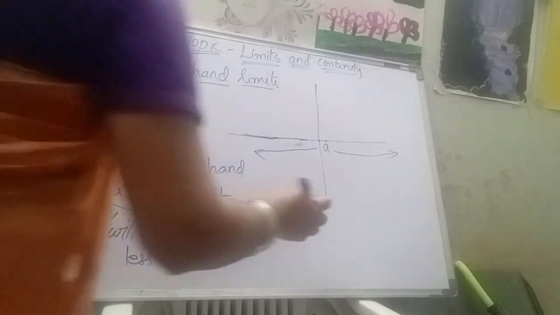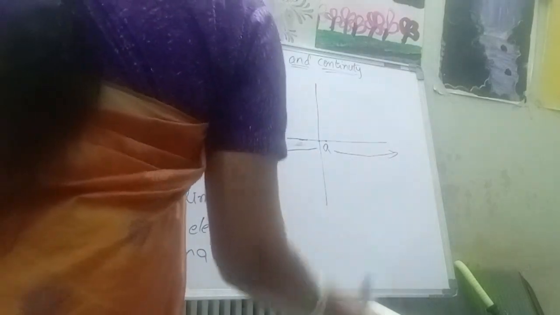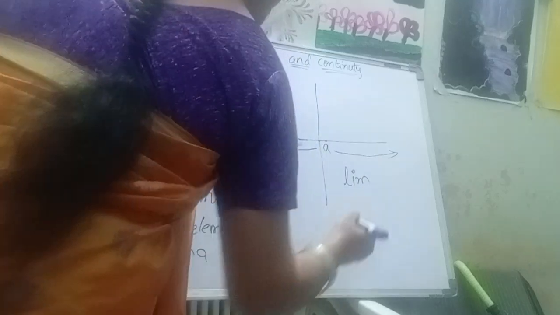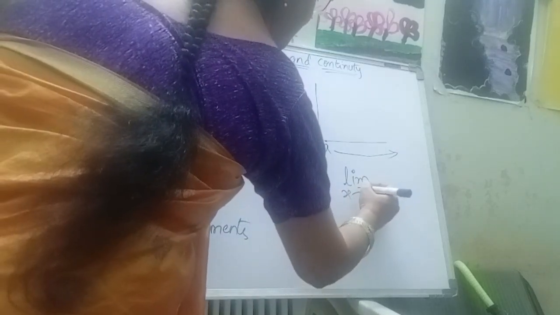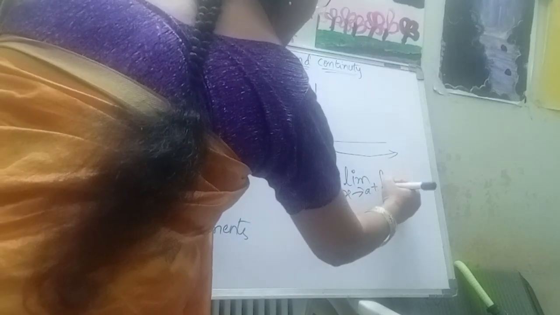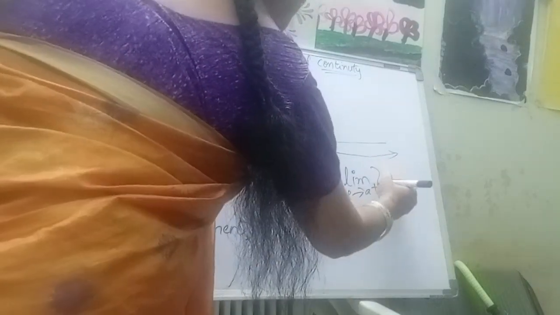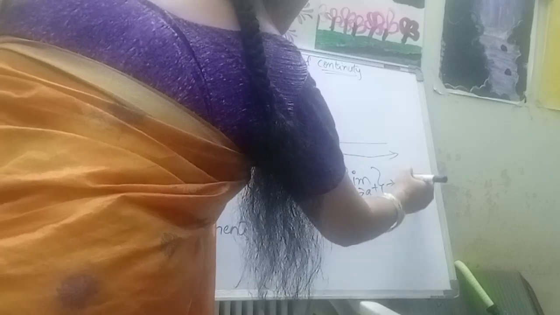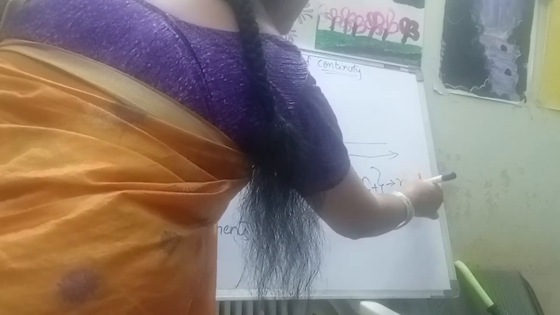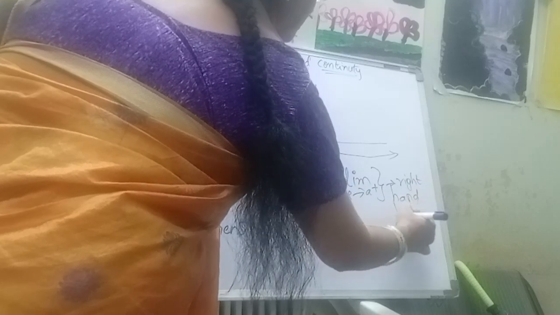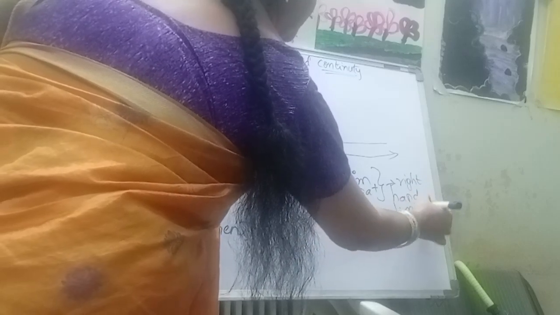Next one is the right hand limit. You indicate it as limit x tends to a plus, and this is called the right hand limit.